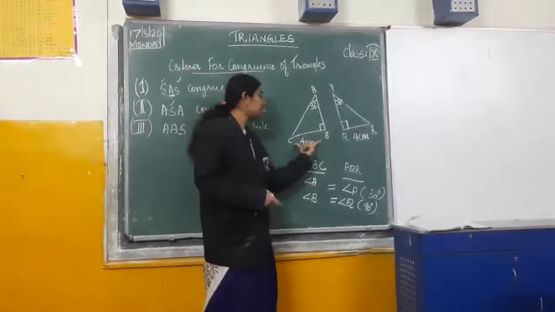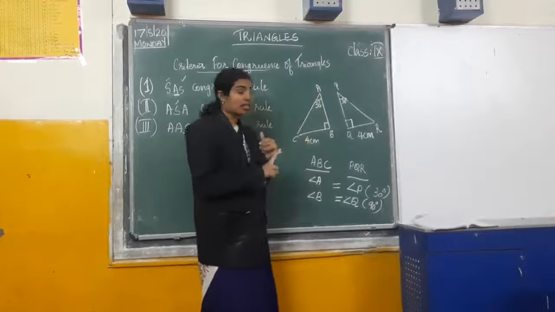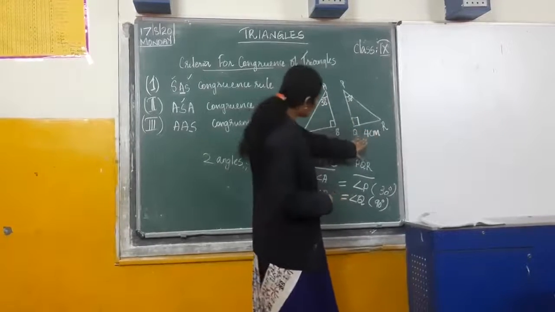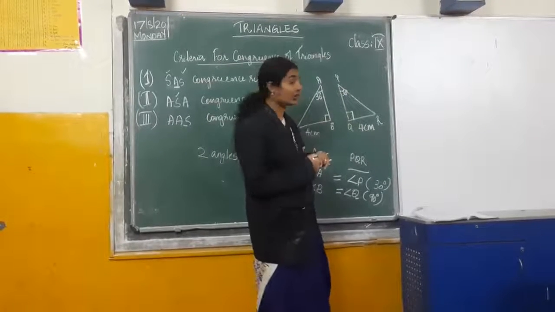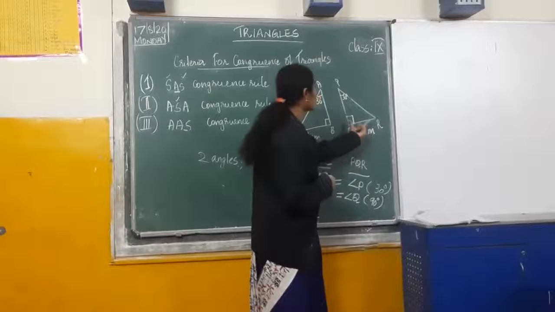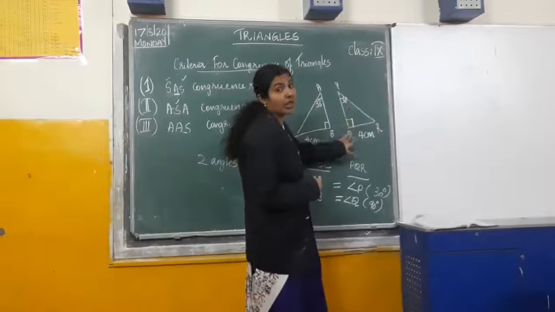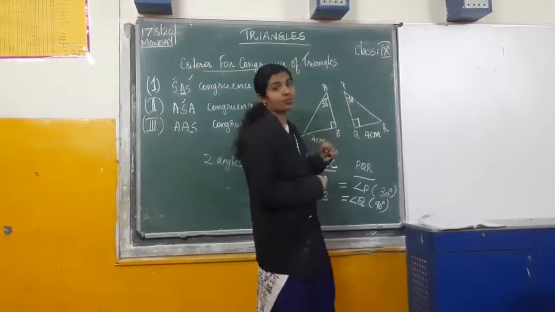That means BC is not included between these two angles, isn't it? Here also you can say QR. QR is not included between 30 degrees and 90 degrees, isn't it? See, QR is not an included side between these two angles. The included side between these two angles is PQ.